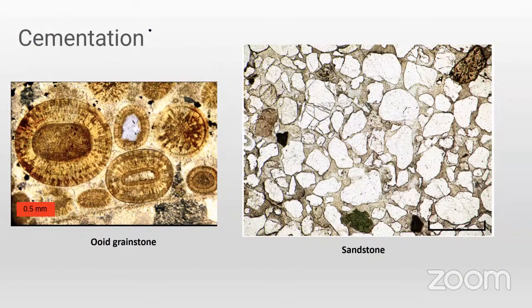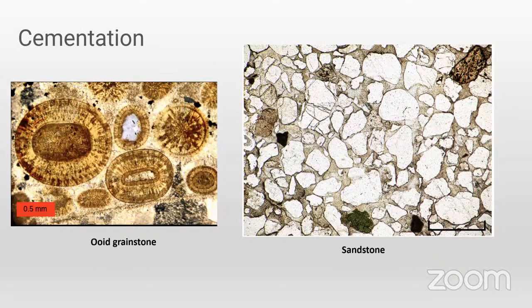In the cementation process, we have precipitation of, for example, calcite or quartz cement between the grains, and because of that we have a reduction in porosity. That's an ooid grainstone, one of the carbonates.